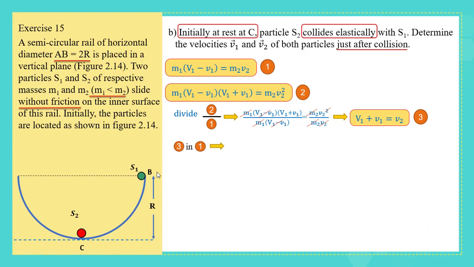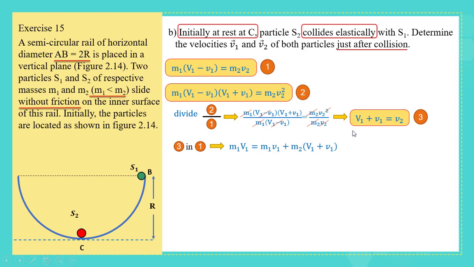Replacing equation 3 in equation 1, after expanding it, we find m1 v1 equals m1 v1 plus m2 into v1 plus v1, where v1 plus v1 after collision is the velocity after collision v2.